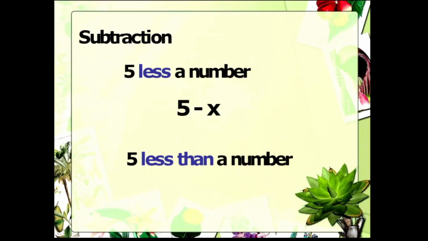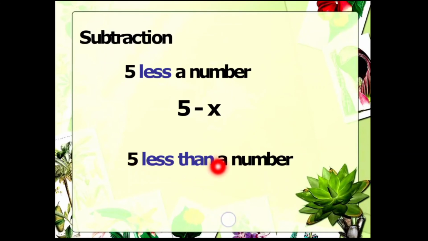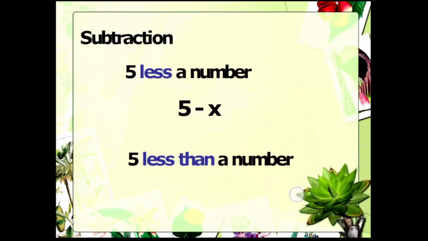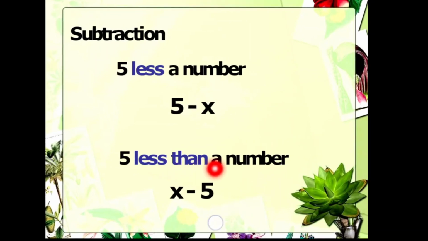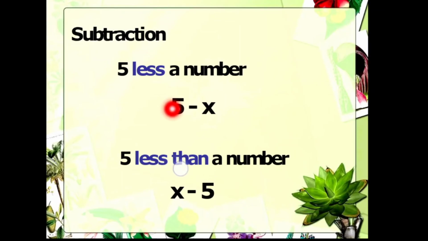So in this case, our answer is a number, then minus 5. What is the number? We can use a letter, but for now, I will use x. So my answer is x minus 5. So 5 less than a number. Then 5 less a number. See the difference.